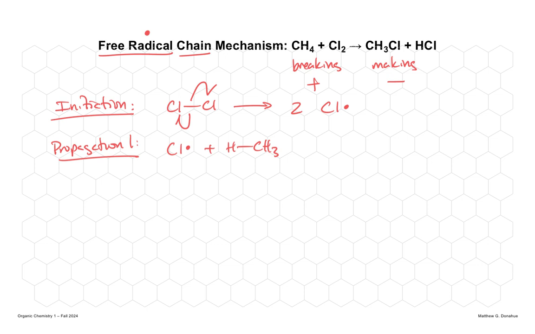But again, when you get into the higher order alkanes, that's when you have a choice if it's primary, secondary, or tertiary, which one it's going to go after. So that radical will abstract that hydrogen and you form HCl. And then the other thing is you get the methyl radical.